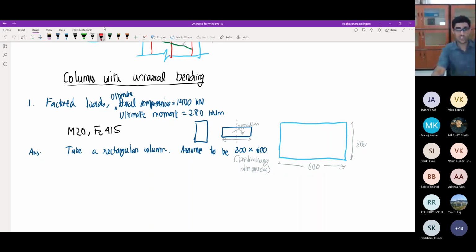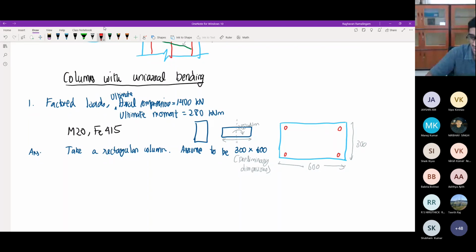How many minimum bars should I give for this? Four. Okay, so 1, 2, 3, 4.